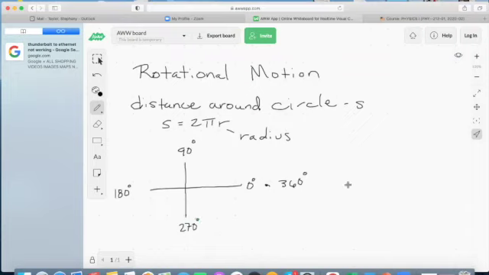So 360 is equal to 2 pi in radians. 180 is going to be pi. 90 degrees is going to be pi over 2.